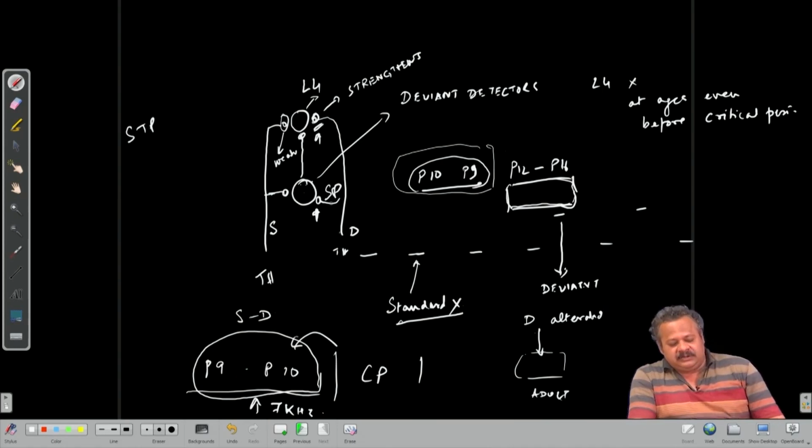So if you want to implement this whole idea, you can actually do it in a network also and show this phenomenon happening, that the deviant representation becomes stronger and stronger in the adult.